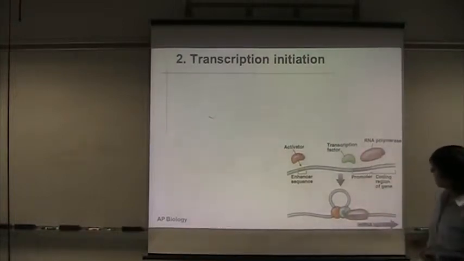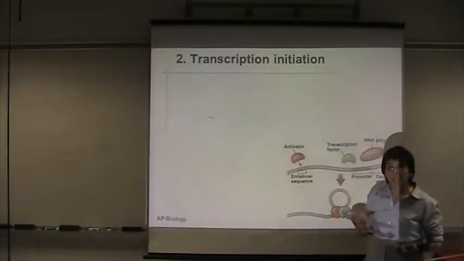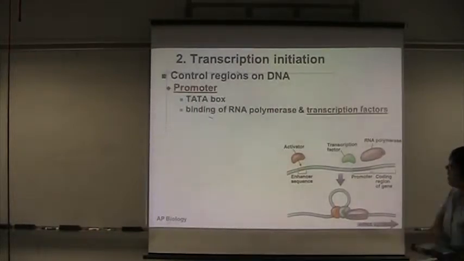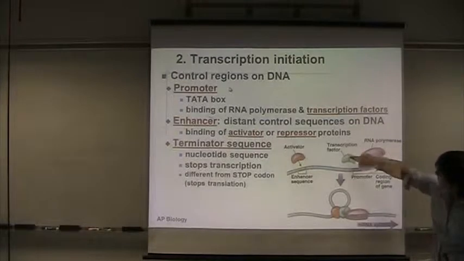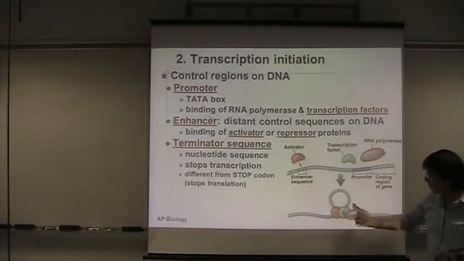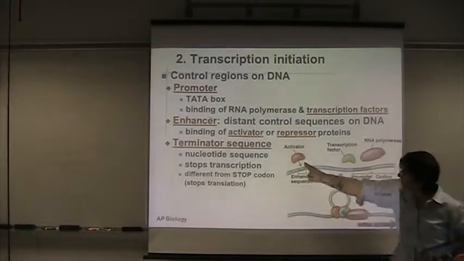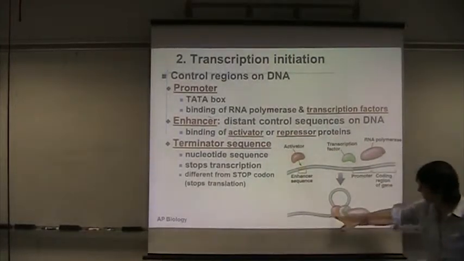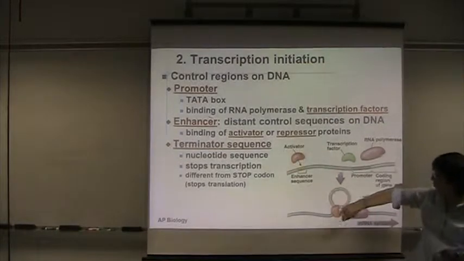So if you look at this diagram, this is an activator that is going to allow things to work. Transcription factor, RNA polymerase ready, but it's only going to happen if an activator is attached to this enhancer sequence. And if you can see here in the DNA, it's a nice loop.